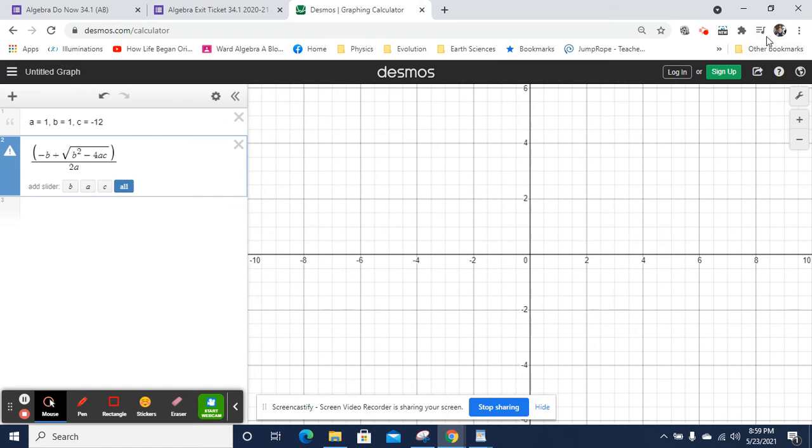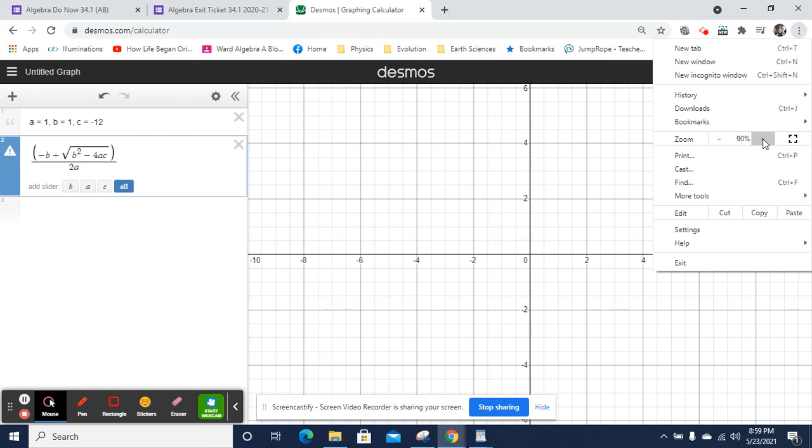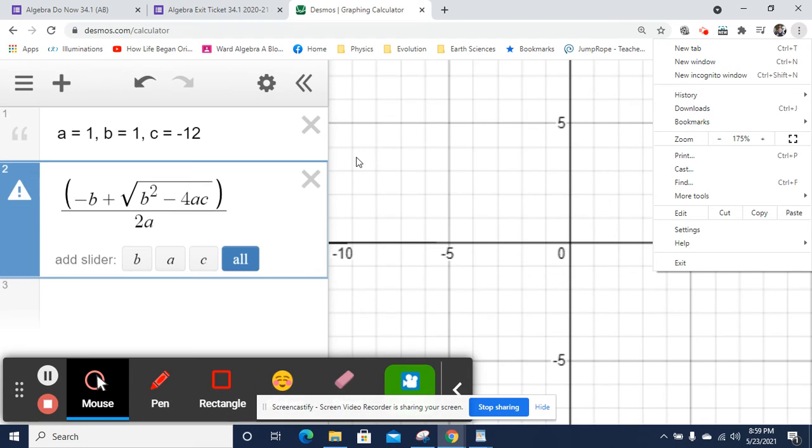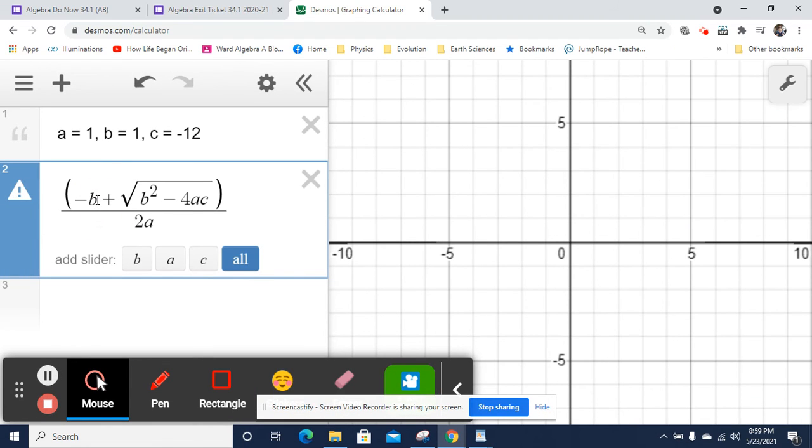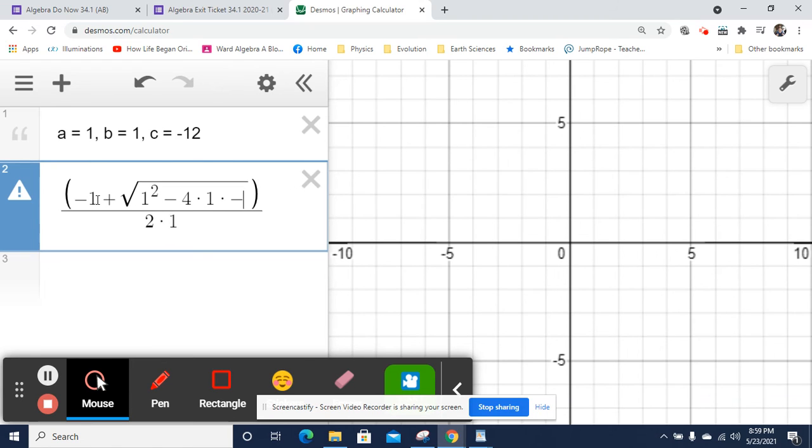I'm going to make that bigger. Okay, so b is 1. So I'm just going to go through and systematically replace things. So b will be 1, wherever it shows up. a will be 1 as well. And c will be negative 12.